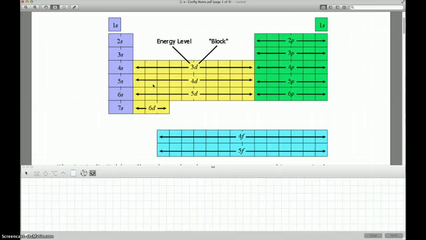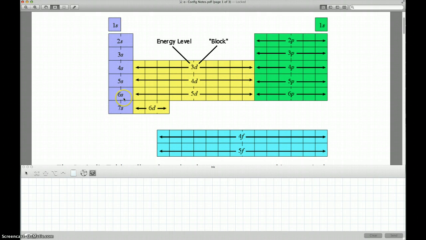It is what I call the roadmap for writing electron configurations. So you're going to want to know this. I'm not going to give you this colorful periodic table on the test. You're going to want to know this pattern. And as you use it more, you'll realize it's not really all that tough to remember.